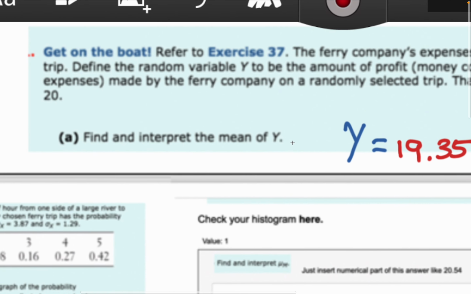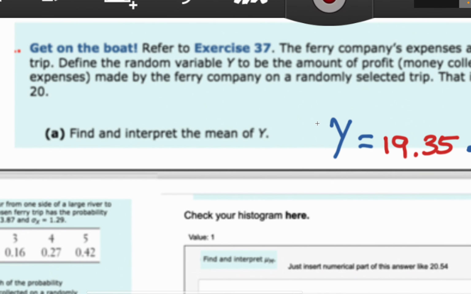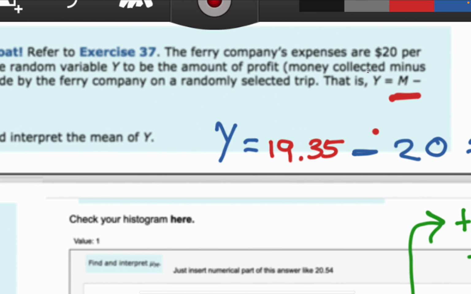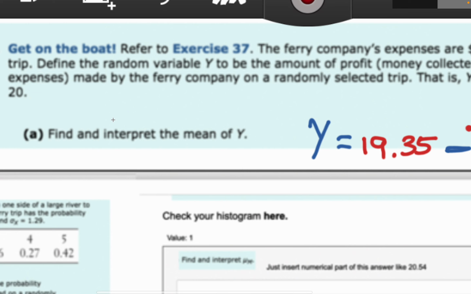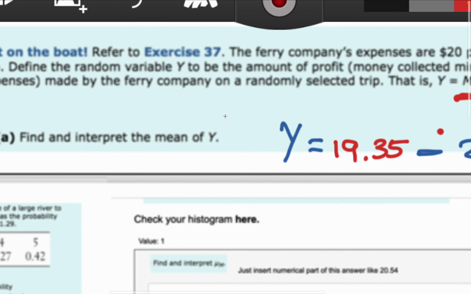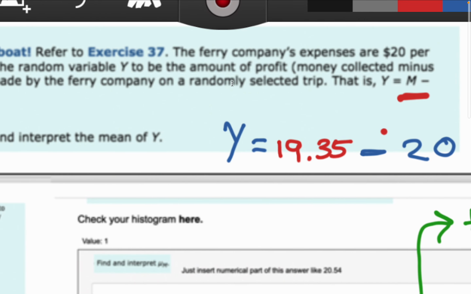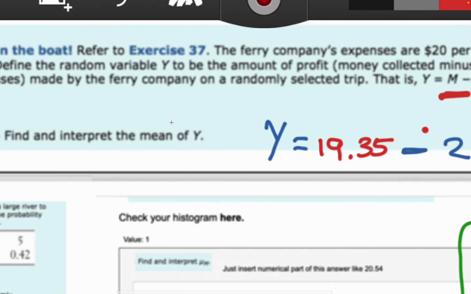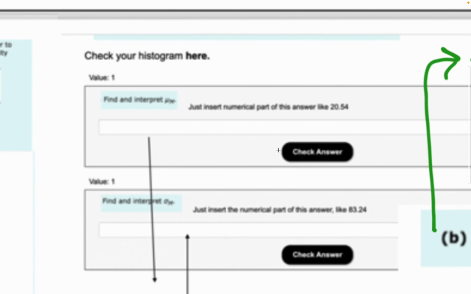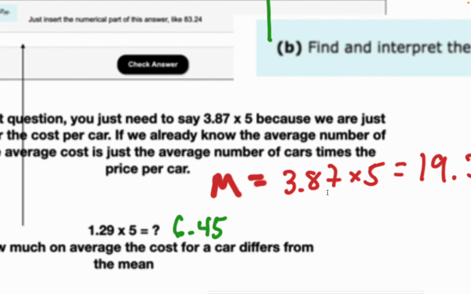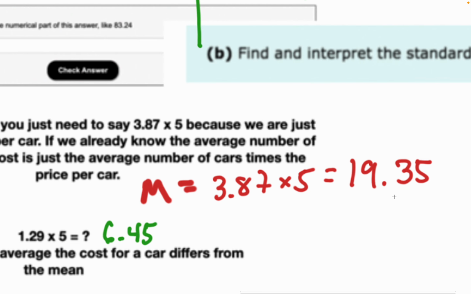Now, if we come up to this question, it says the ferry company's expenses are $20, right? So that's how much they're paying. So we have what their costs are, and we want to find out what their profit's going to be. We started with their average, what they're bringing in, which is $19.35.